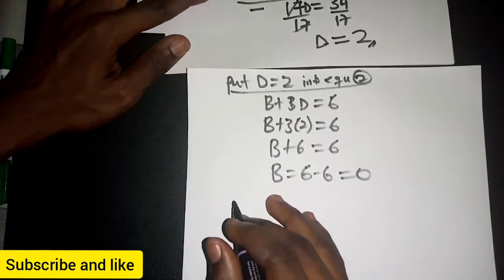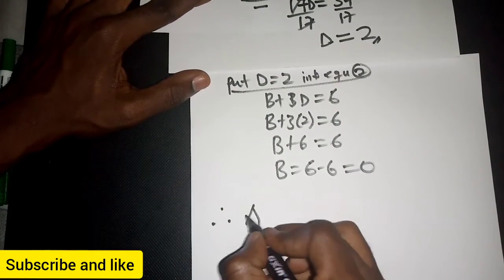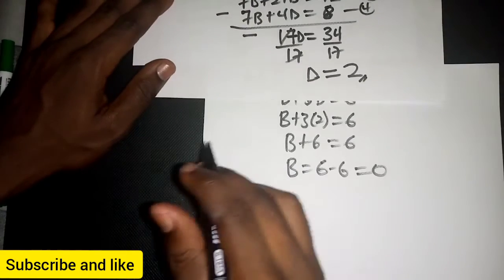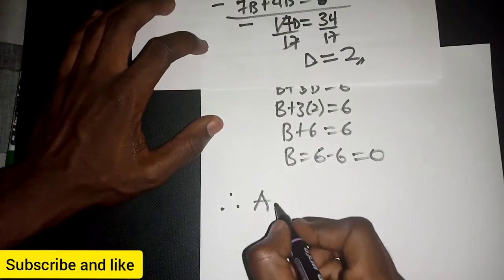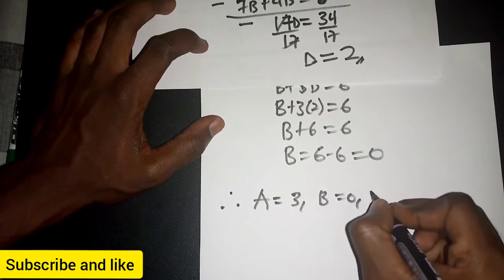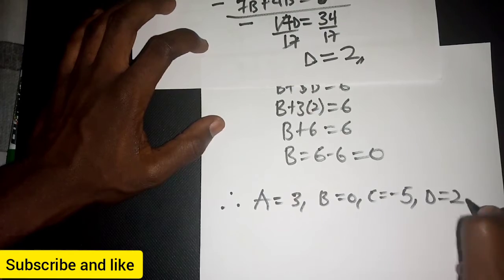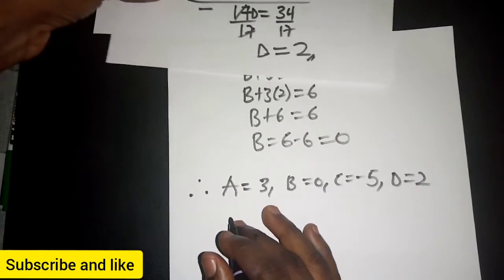So we have the value of b equal to 0. Therefore we have the value of a as 3, the value of b as 0, c as negative 5, and d as 2. So these are the values we have.